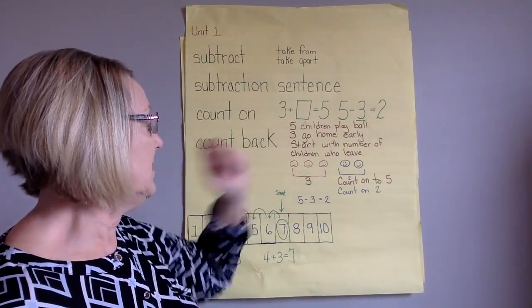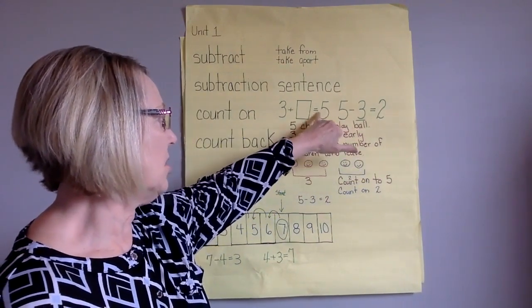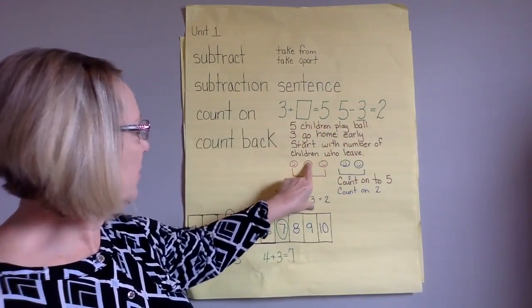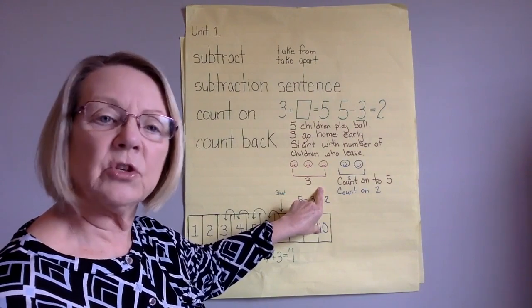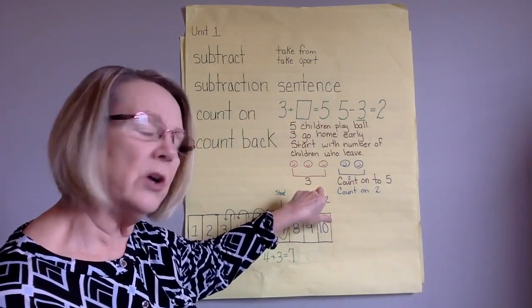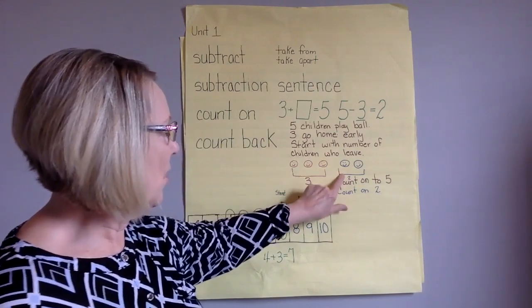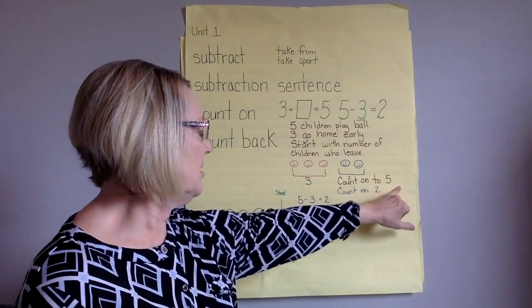Or the sum is 5. I'm sorry, yes, the total is 5. So we have 3 children who go home, but we still have to get to 5 children because we had 5 children total. So we add on 3, 4, 5. So our answer is to count on to 5.